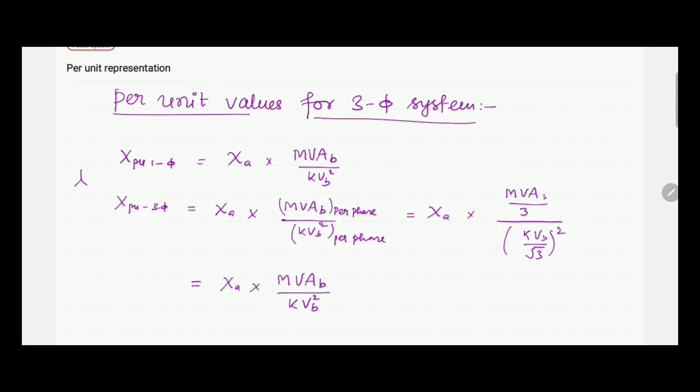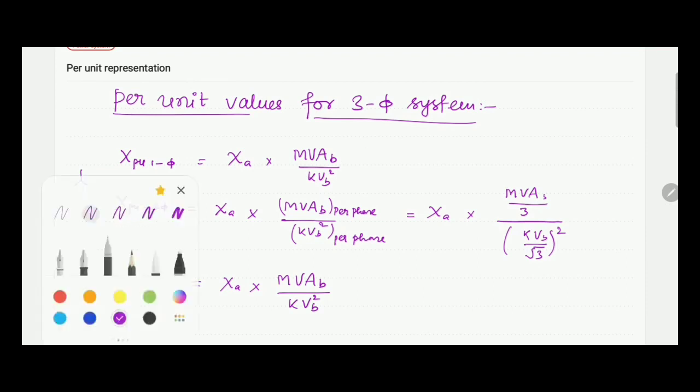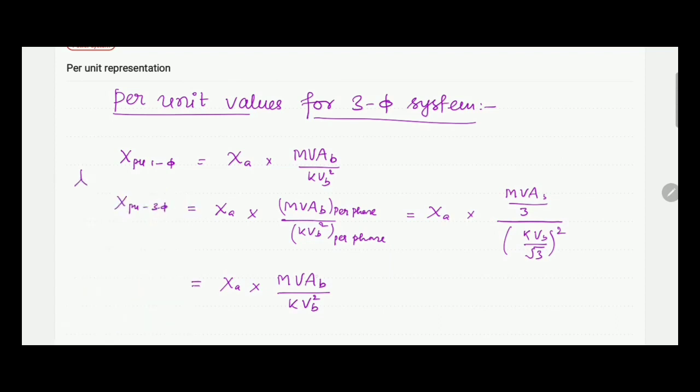So what we actually see is that this value equals the single phase per unit value, that is, the per unit value in a three-phase system is equal to the per unit value in single phase.